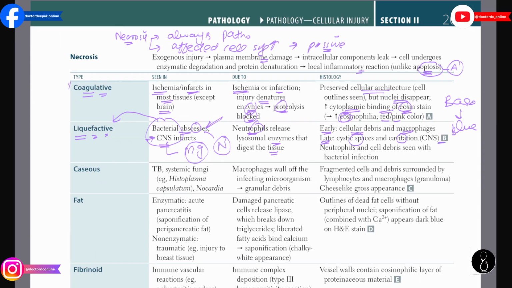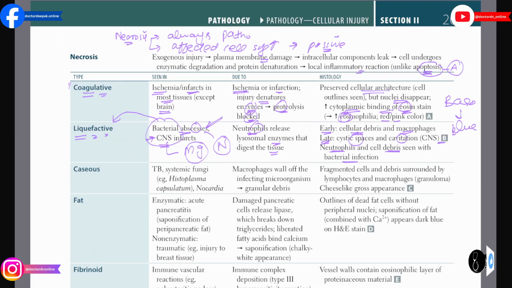Diagram B is basically an example of liquefactive necrosis in the brain. In the brain, if the liquefactive necrosis gets late, then you will see there are cystic spaces and cavitations. You have to keep in mind. And then the neutrophils and the cell debris are seen with bacterial infection. As I already mentioned, if you have a bacterial abscess, you will see neutrophils.